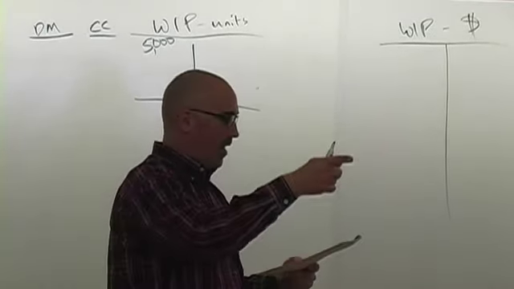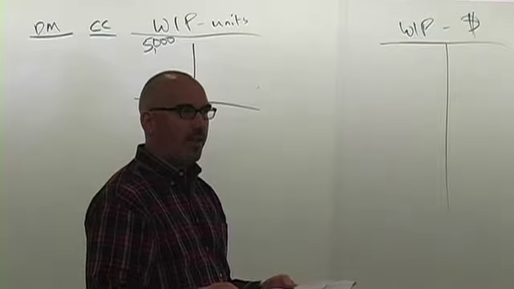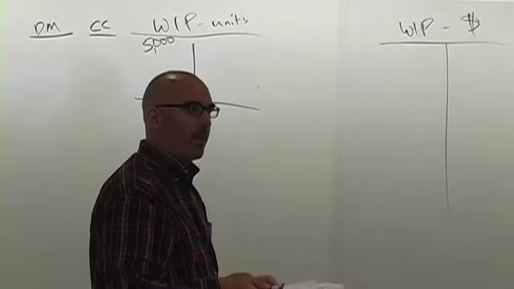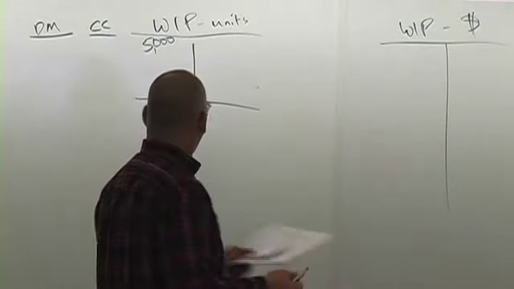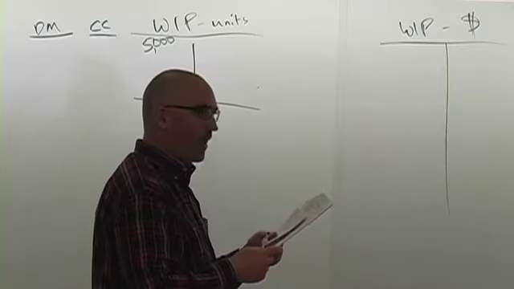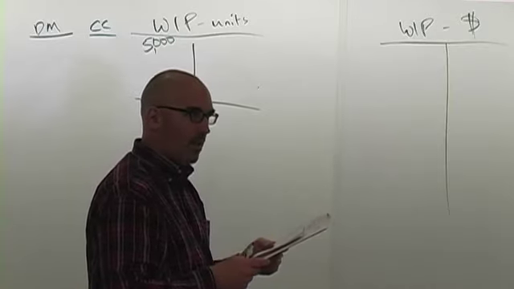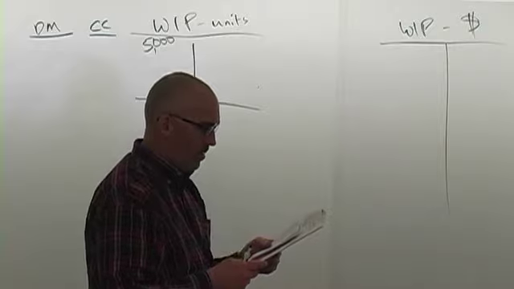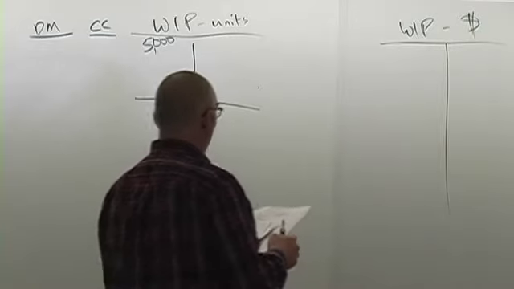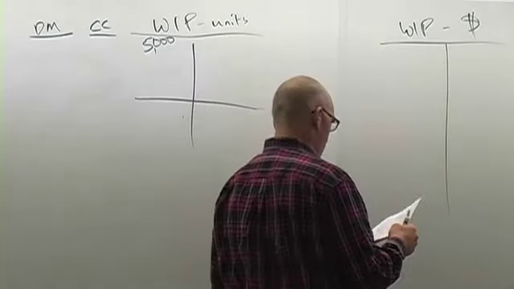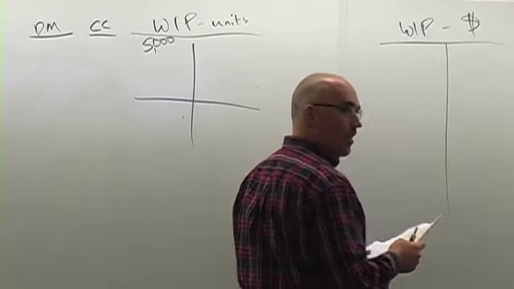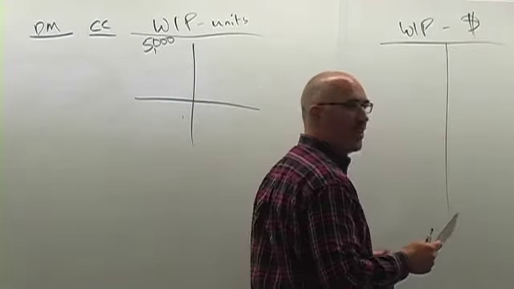Do you have your handy handouts? The next number, $20,000. Dollars or units? Why do you say that? That's a good clue.